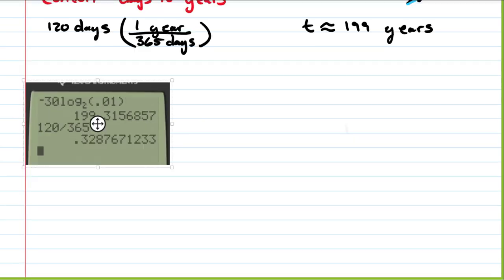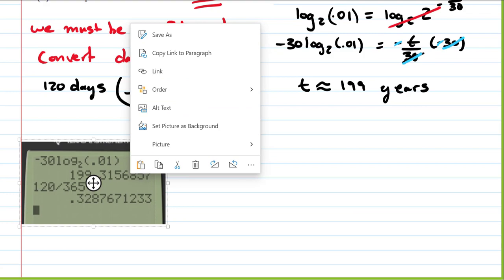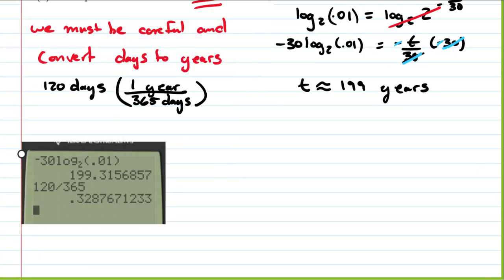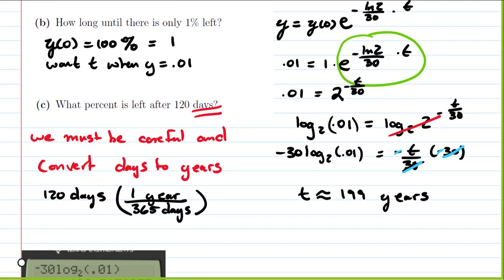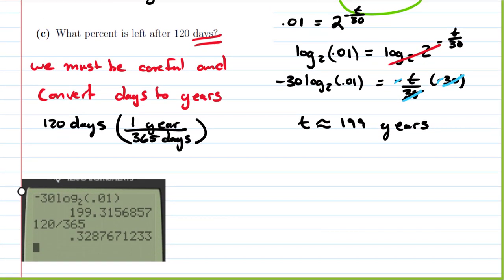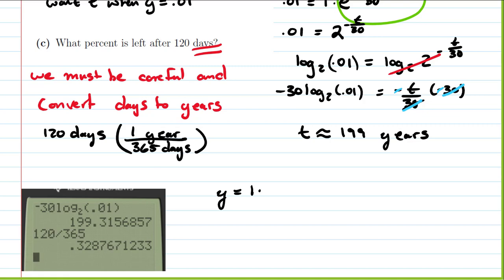So then we need to put that in to our equation. So our equation is y equals 1, because that's our 100%, and after we simplified, we didn't have the e anymore. We had 2 raised to the negative t over 30.